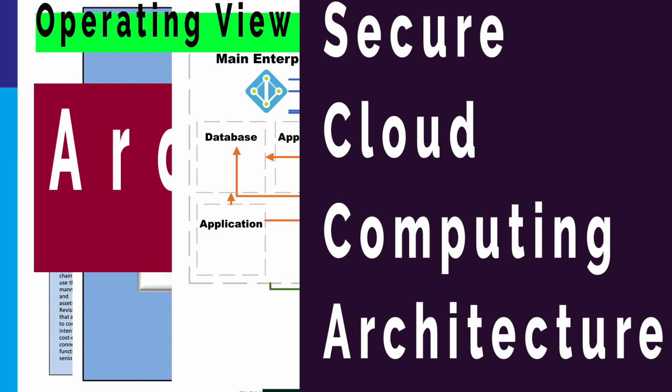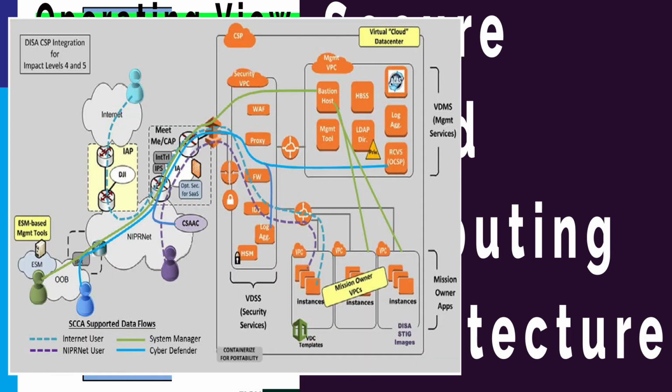And this is a more in-depth look at the resources that will be within the sub enterprise, within the enterprise that we're going to be building. Now, if you look at this figure, you're going to see things like VDSS and VDMS.